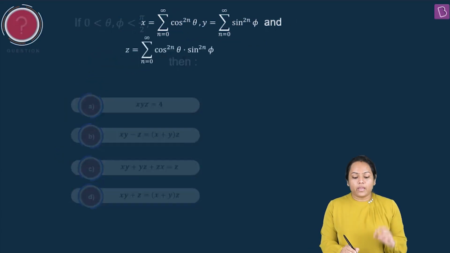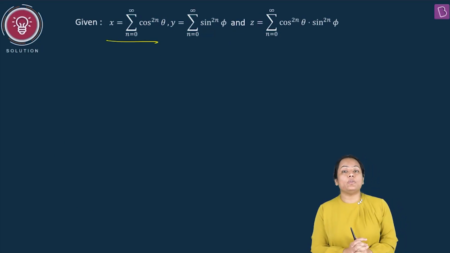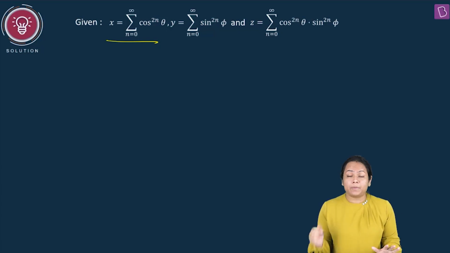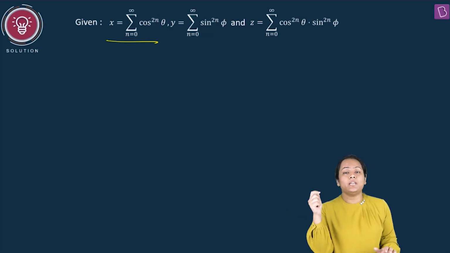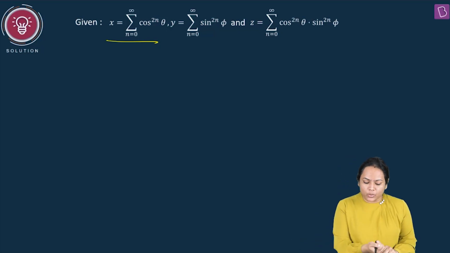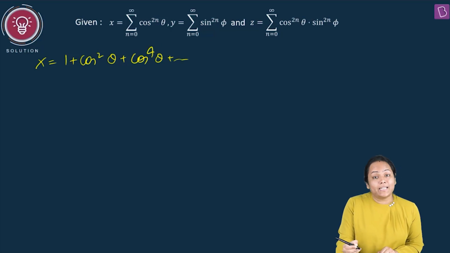Okay, so if I look at my x term and I substitute the values of n, what is the sequence going to come out as? Well, you are right, it's going to come out as a GP, and till infinity, that means its summation formula is known to me. So quickly putting the values, I'm going to get x is equal to 1 plus cos square theta plus cos theta raised to 4 till infinity.